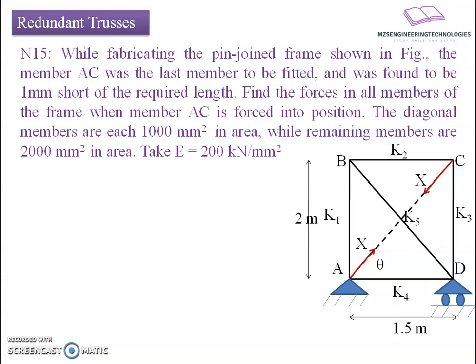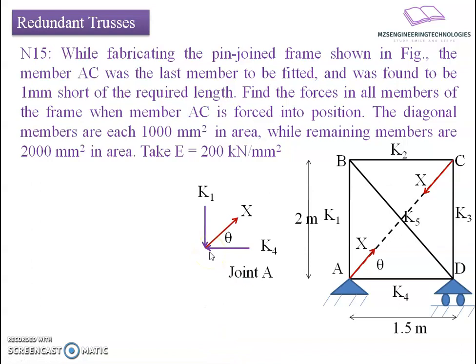Let us say the member AB possesses K1 contribution, similarly member BC K2, CD K3, DA K4, and the member BD as K5. These are the coefficients of the distribution of the redundant force among the other members. Now we are interested to know the values of K1, K2, K3, K4.